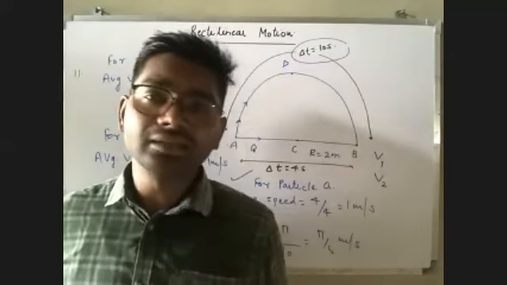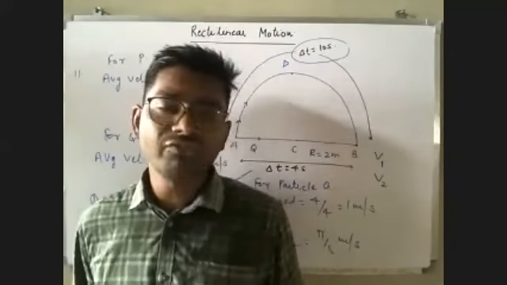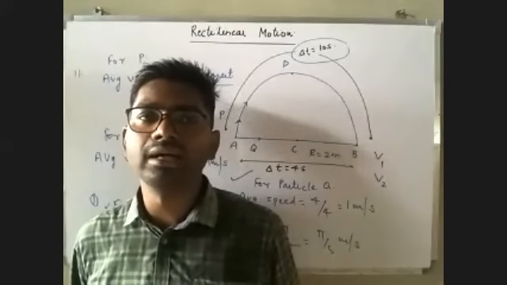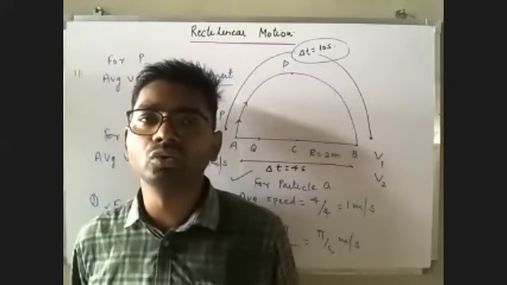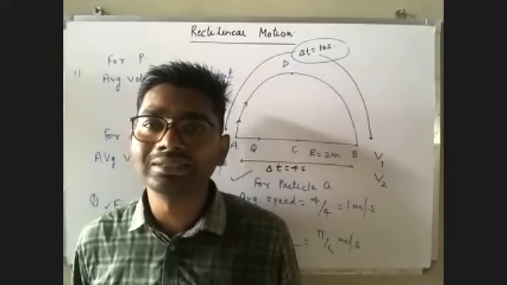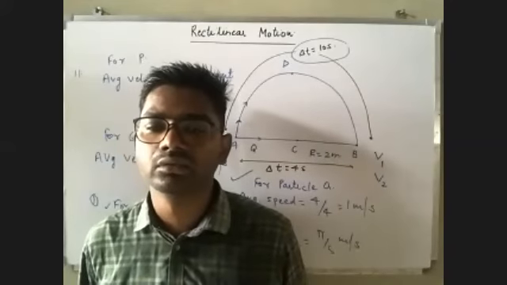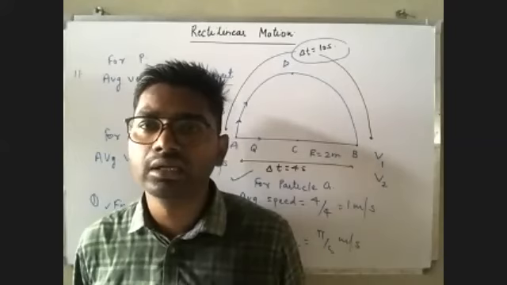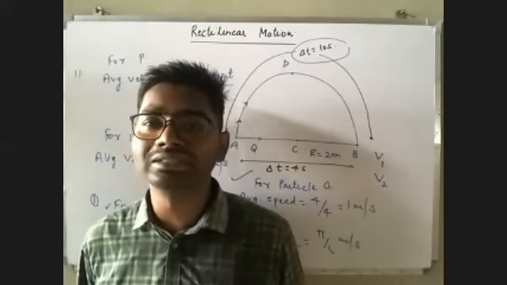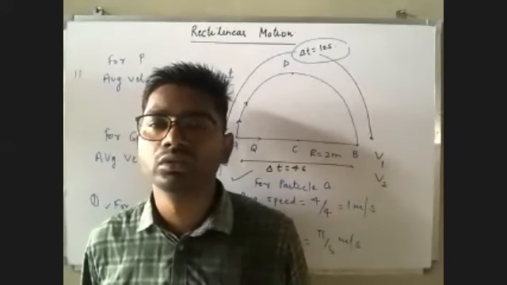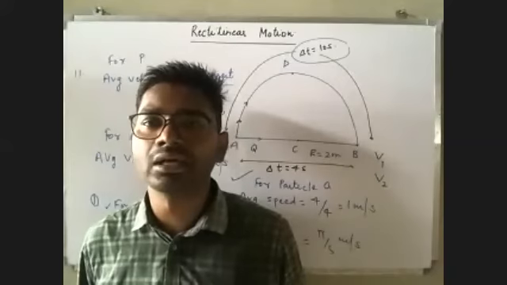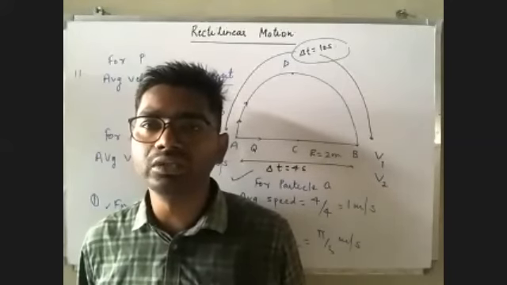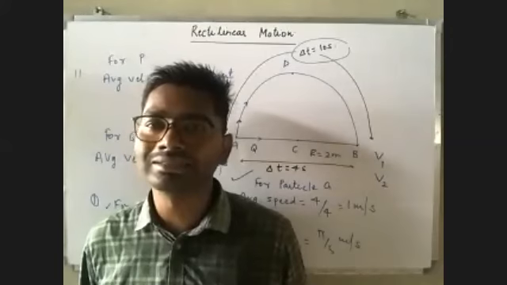A particle travels half of the total distance with speed v1, and the next half with speed v2 along a straight line.